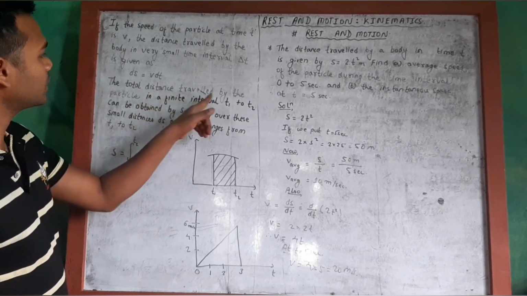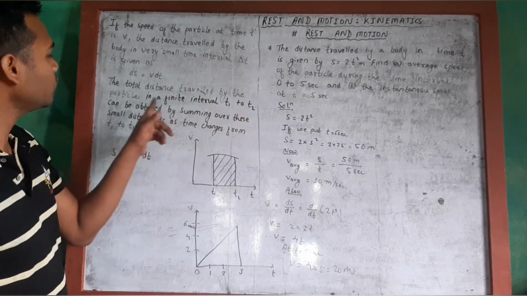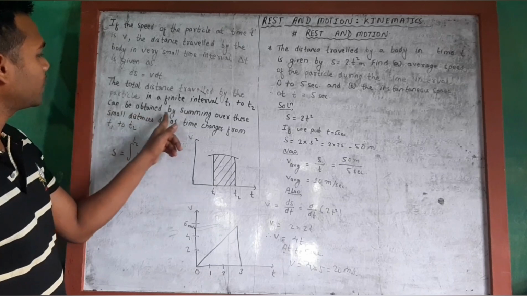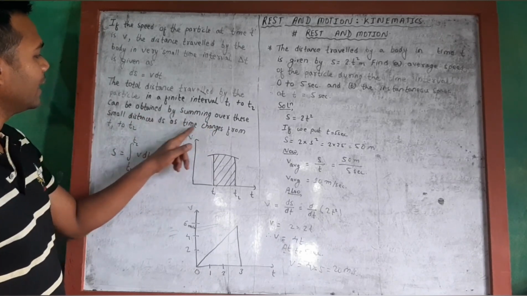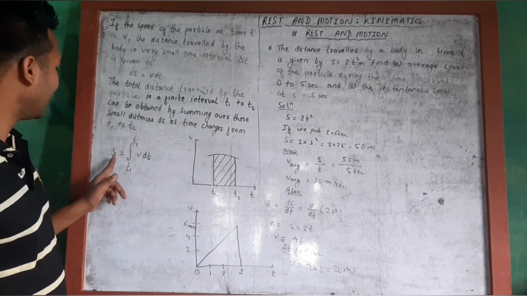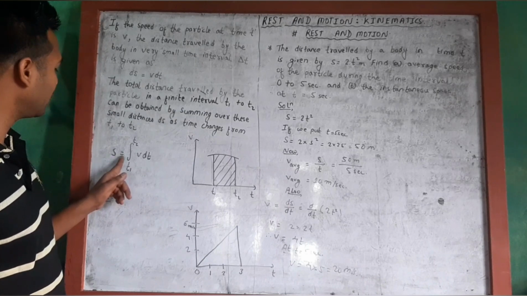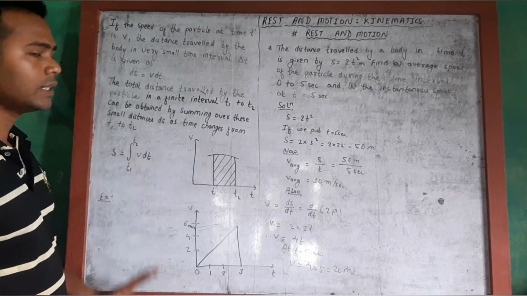The total distance traveled by the particle in a finite time interval t1 to t2 can be obtained by summing over this small distance ds as time changes from t1 to t2. That's why the total distance s will be given by the integration of v dt from t1 to t2.